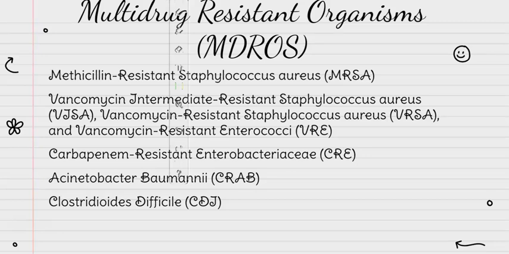MDROs is antibiotic stewardship, which refers to the coordinated efforts to optimize the use of antibiotics to combat MDROs, ensuring that the right drug, dose, and duration are used for the right infection. This helps to slow the development of resistance and preserves the effectiveness of antibiotics. Nurses can play a critical role in this stewardship.